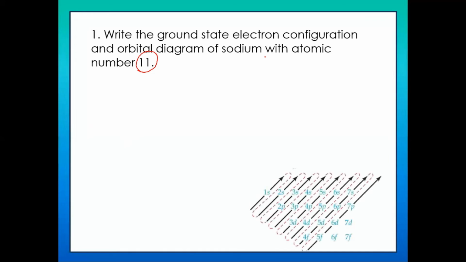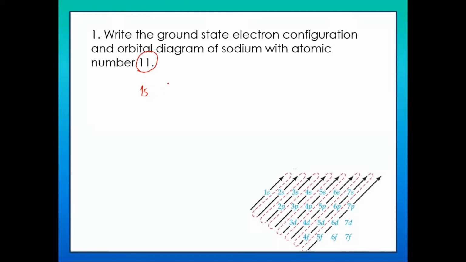According to the Aufbau principle, we write from the first energy level with the lowest energy, moving to the orbital with highest energy. So by following this, we have to start with 1s.